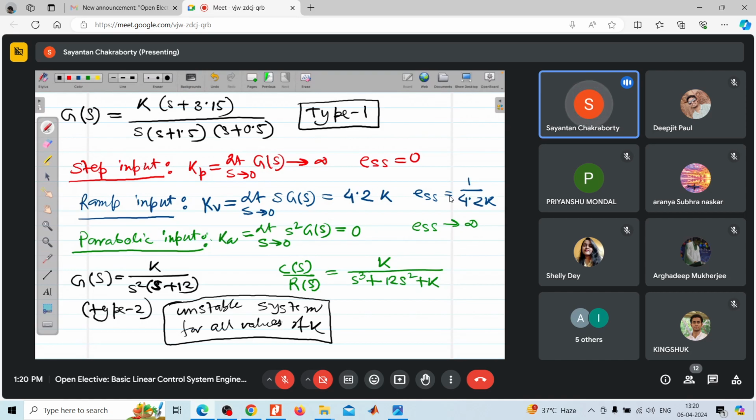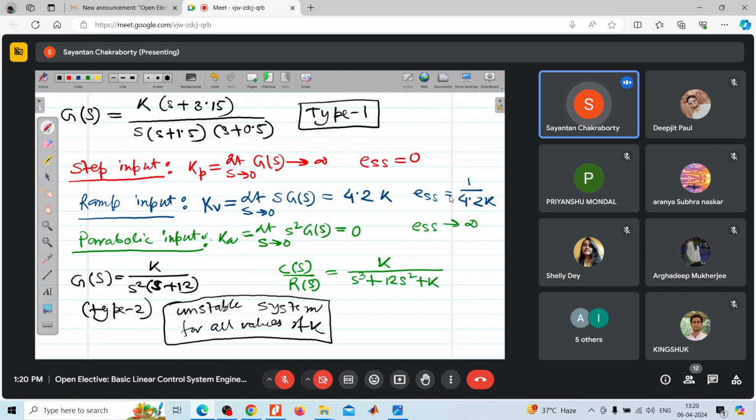Now, how am I inferring that? To understand that, we need to be able to find out the location of the roots of this closed loop system, C(s) by R(s), for different values of K. What are the methods? We can put different values of K over here and find the corresponding roots by solving the algebraic equation.